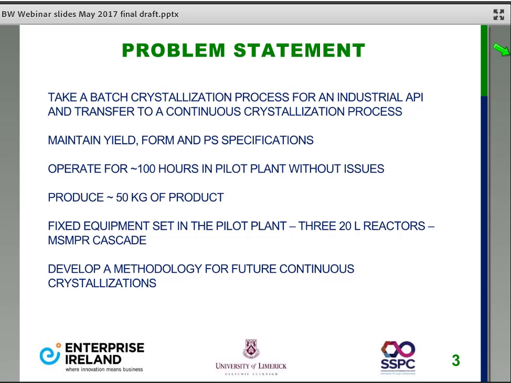We have a fixed equipment set for this work, with access to 3 20-litre reactors, so we're going to operate our continuous crystallization as an MSMPR cascade. And the idea is to have a flexible methodology and equipment set that can be used for future crystallizations, not just this particular API.